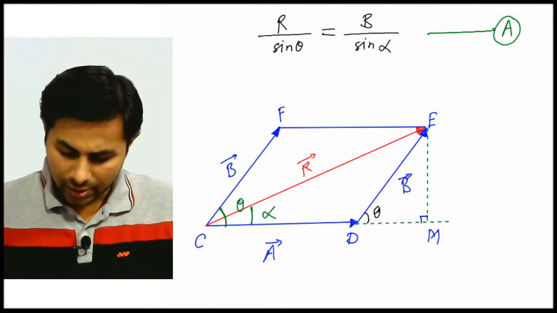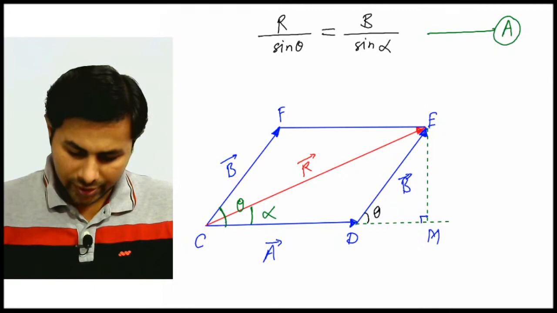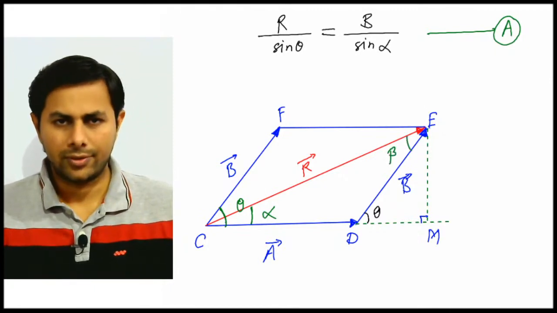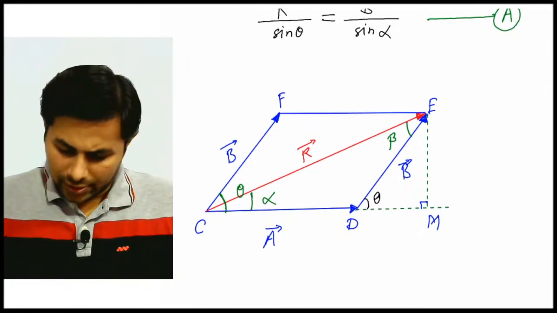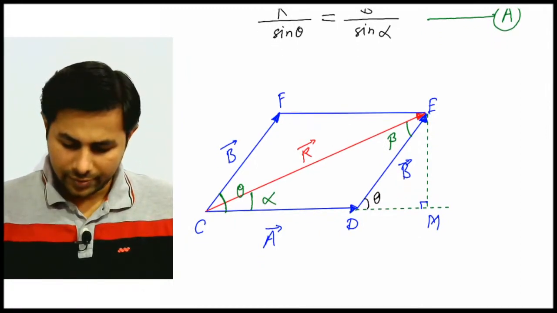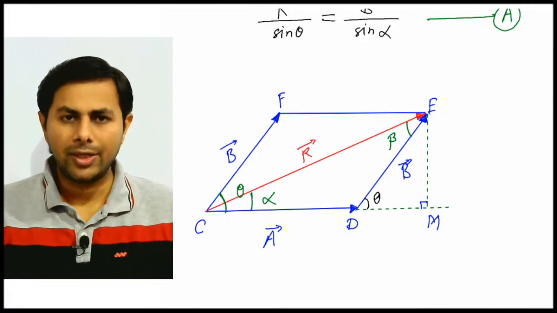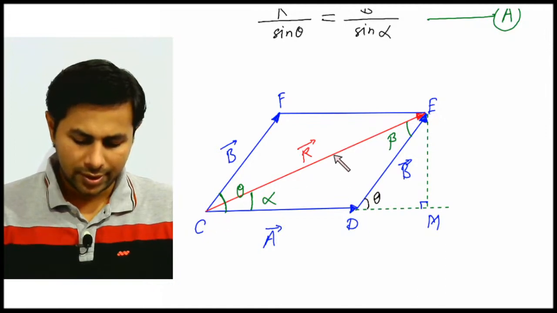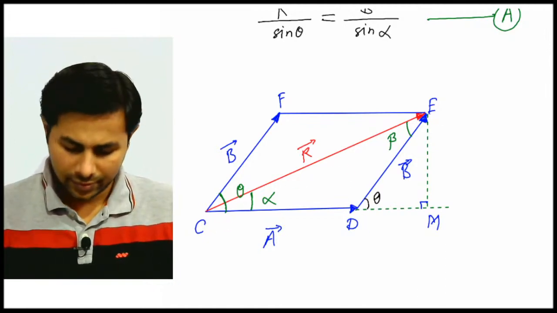Suppose this angle over here is beta. Then I will do a substitution. I will draw a perpendicular starting from this point D on this side CE.